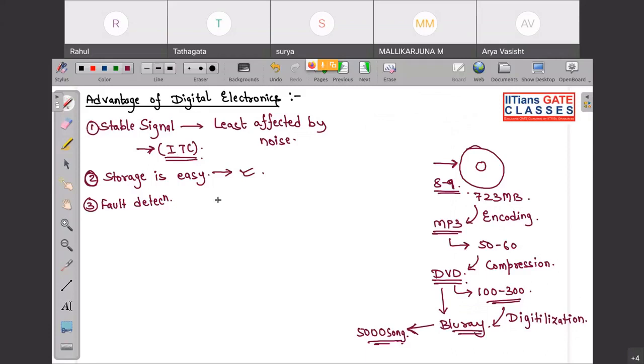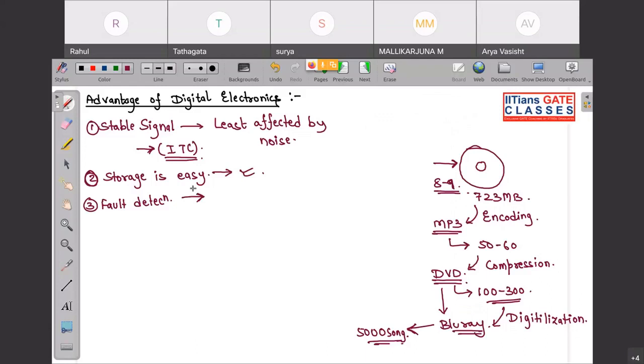Now the next important point is fault detection. When I am speaking, the signal is not free from noise. Obviously it is corrupted, but by the time it reaches your end there is fault detection.